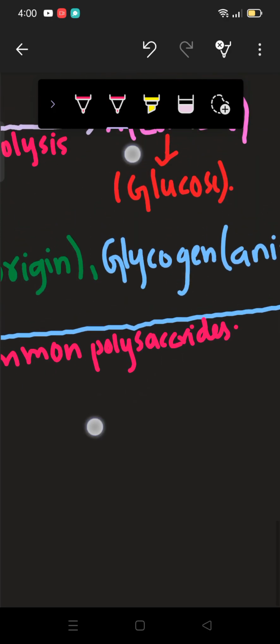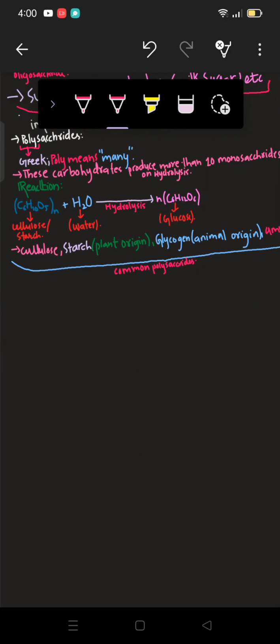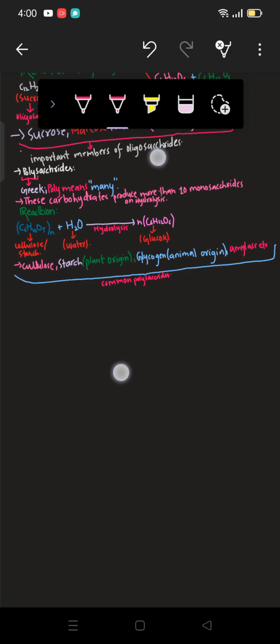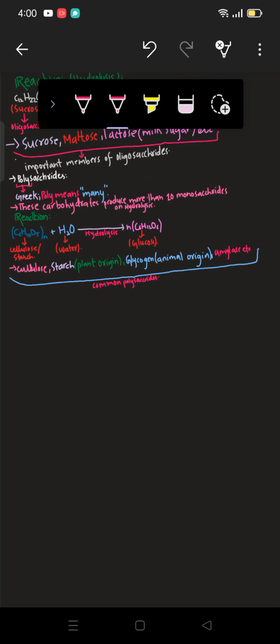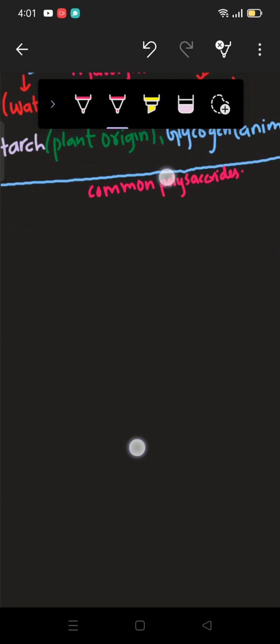Let me tell you again what these common polysaccharides are. These are cellulose, and starch, which is basically of plant origin. Then we have glycogen, which is of animal origin. We have amylase and so on, so many are included. These are also known as polymeric carbohydrates, just because these are polysaccharides. Let me write that as well.